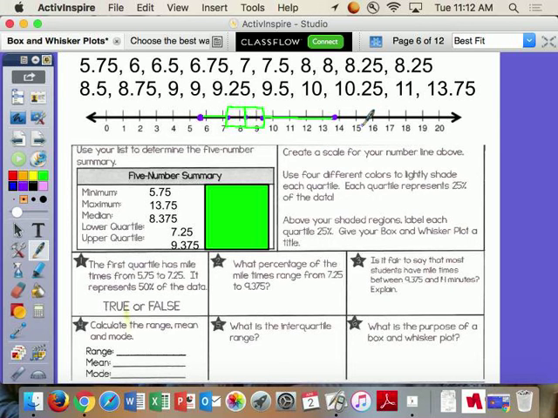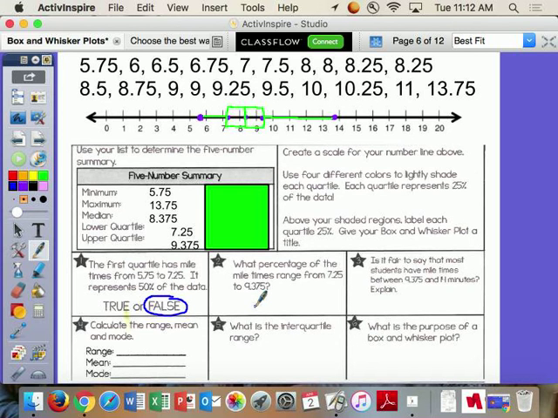It says from 5.75 to 7.25, so from your minimum to right here, is that half of your data? It is not, so you should have a false.